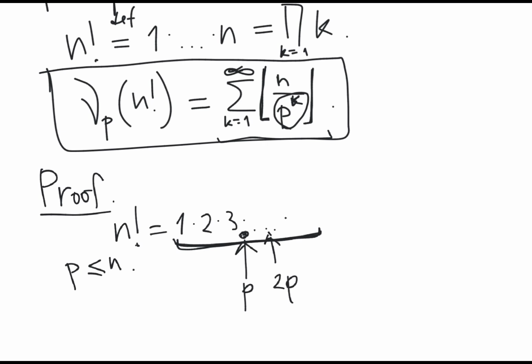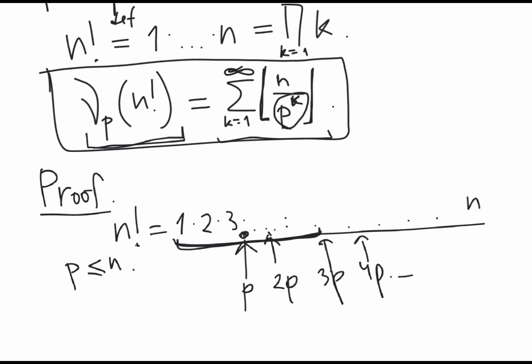Let's say n is somewhere here, and we have all these intermediate numbers: 2p, 3p, 4p, and so on. Each of them that is still less than n contributes one to the p-adic valuation of n factorial.